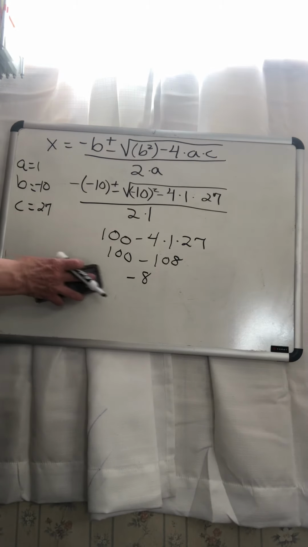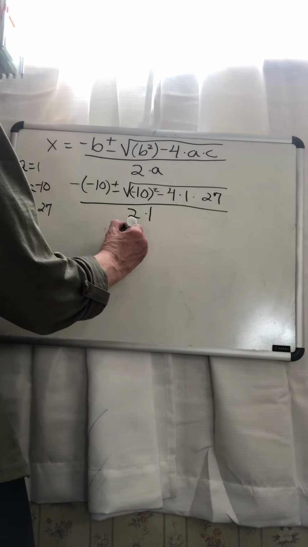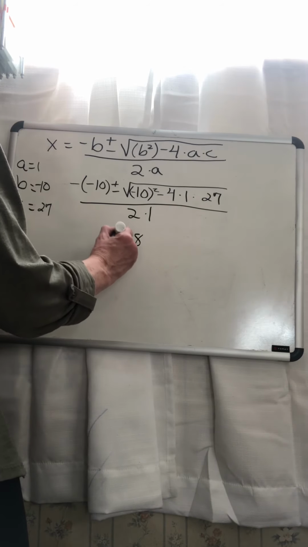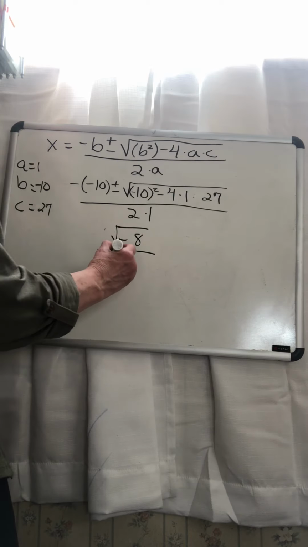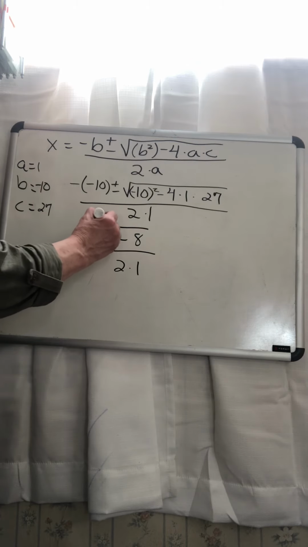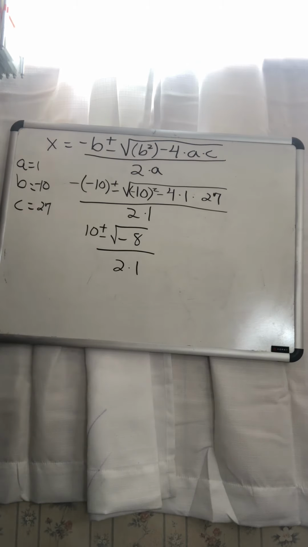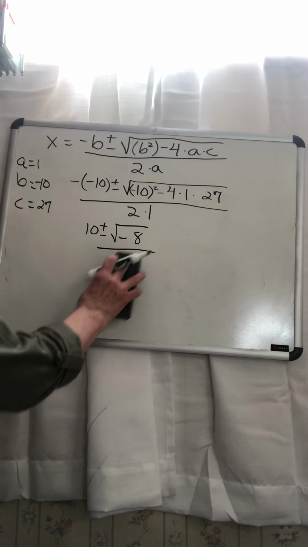Okay, so we have a negative 8 divided by 2 minus 1. So 2 times 1 is going to be a positive 2.